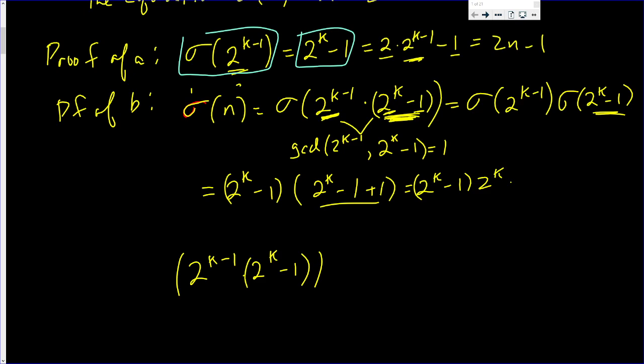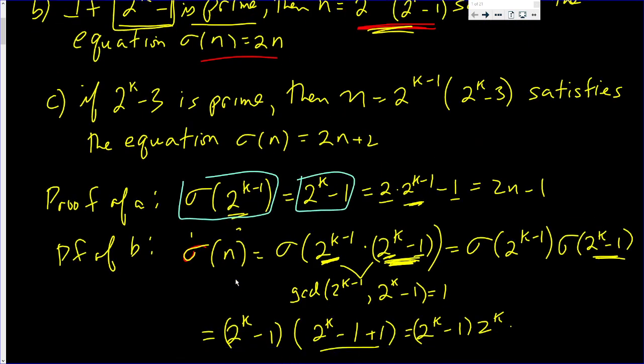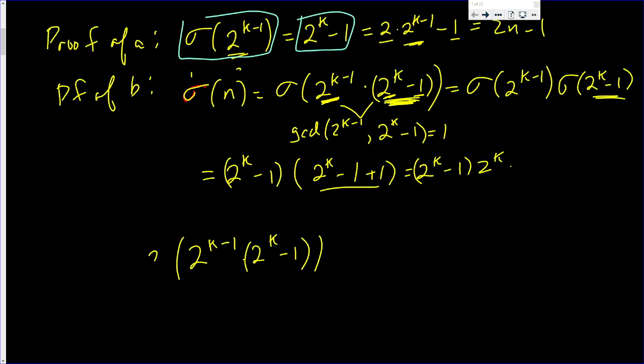That's n. And we're supposed to get back 2 times n. Okay, if you multiply that, you get back 2 to the k times 2 to the k minus 1. But that's exactly what I have here.